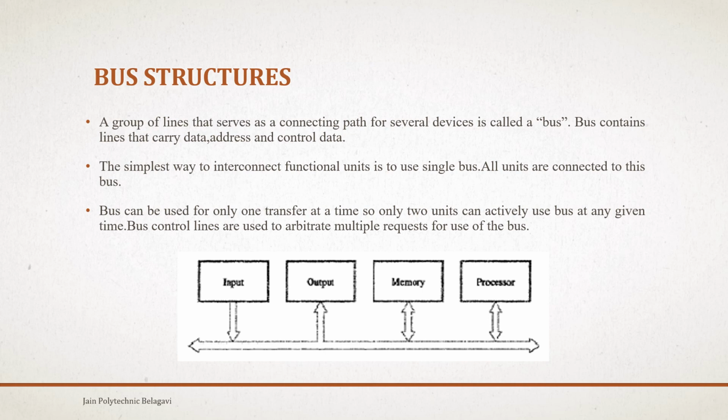So if you are using a single bus, only two units, either the input unit and the output unit, will be active. That means only two units can perform the transfer operation, not more than two units. So bus control lines are used for arbitrating multiple requests for use of the bus.